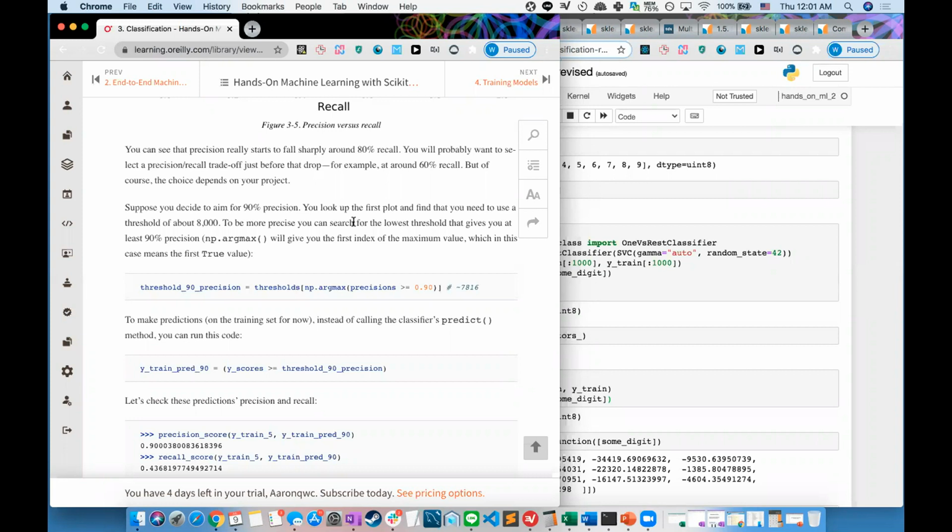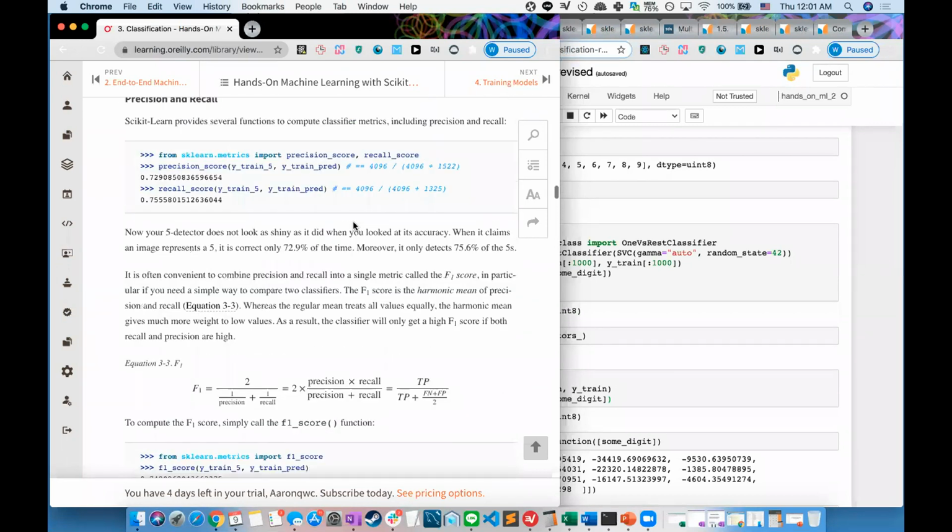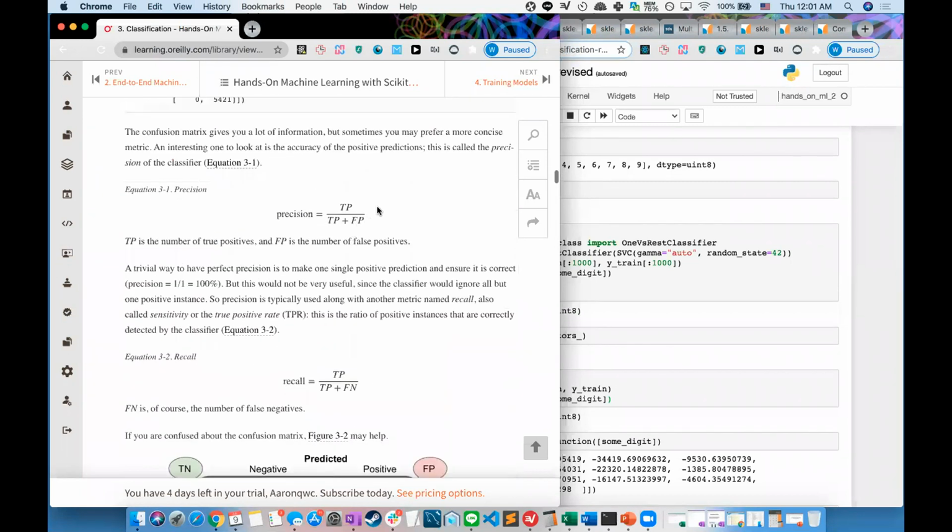The true positive rate is the same as recall. The y-axis is the same, the only difference is the x-axis. And what we've just seen is that the x-axis for the ROC curve doesn't involve false negatives, whereas the x-axis for the precision recall curve does.